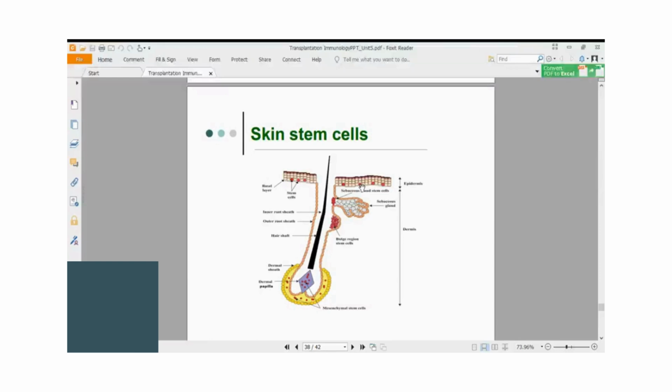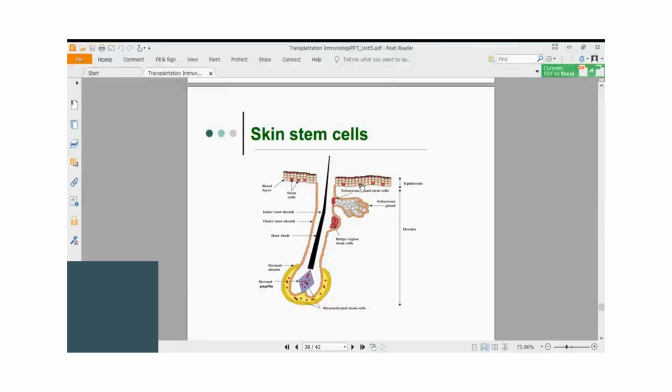Once the skin epidermis is grown in large sheets, it is given back to the person and transplanted into the area where the damage had taken place, which is plastic surgery, of course.